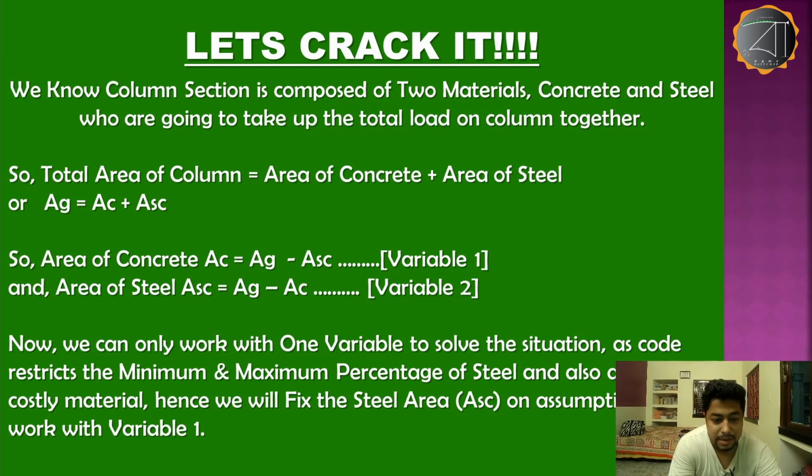As the code restricts the minimum and maximum percentage of steel, and also as it is the most costly material, we will fix the steel area ASC on assumption and work with variable 1 only, because we already know the maximum and minimum limit of the longitudinal steel as per IS 456 2000, and also as it is a much costlier material. So from our technical experience and knowledge, we will restrict the percentage of steel and then calculate upon variable 1.